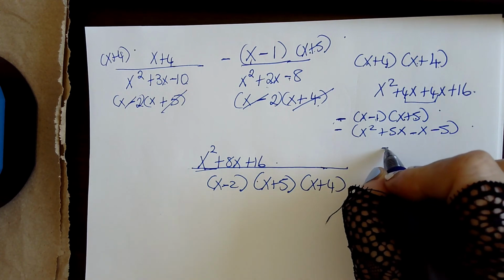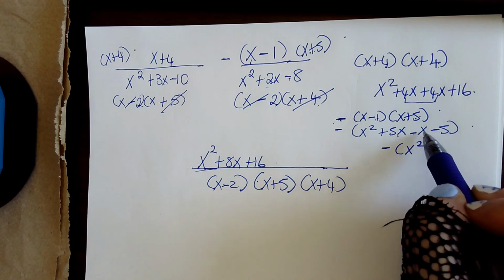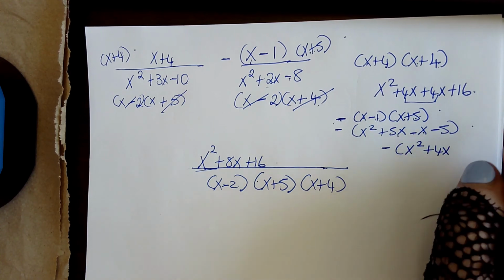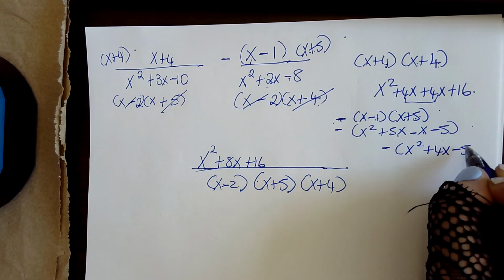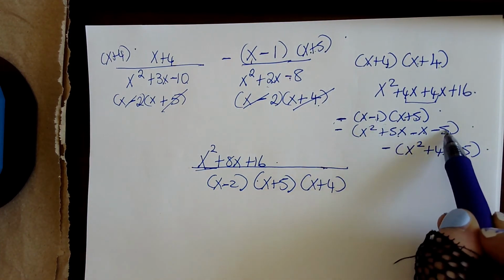So I have a negative on the outside, x squared, 5x minus x is 4x, and then minus 5.